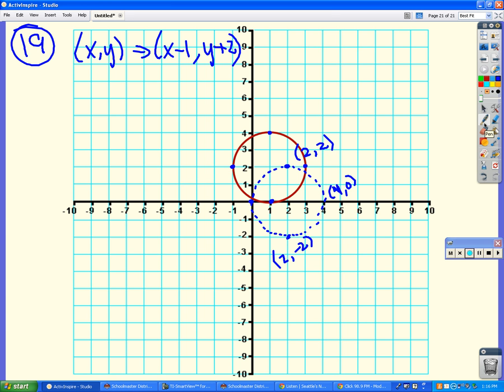So the first question was, will you still have a circle? And the answer is yes. The second question is, is our new circle congruent to our old circle? Yes, because all we did was slide it up and to the left. So in that case, yes and yes. All right?